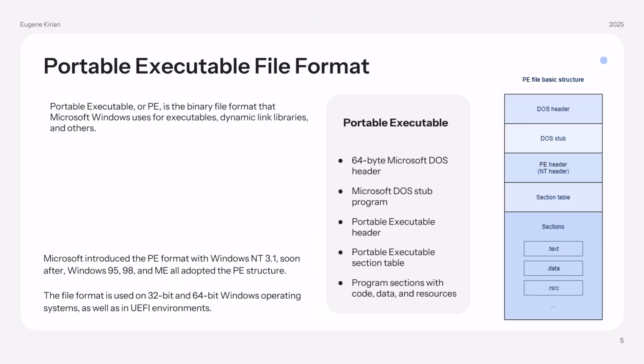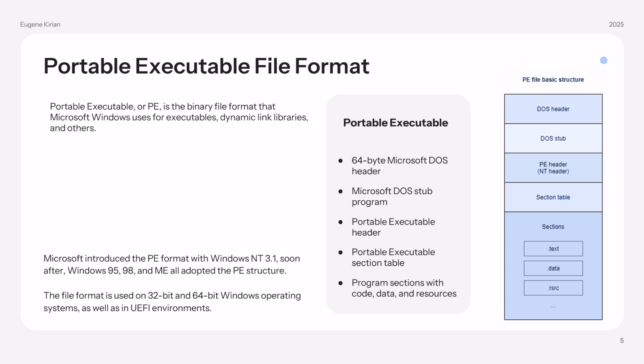The Portable Executable file format, or PE for short. This is the file format that Windows uses for executables, DLLs, and some other binary files. A portable executable file is made up of several components, including a 64-byte DOS header, a DOS stub program, the PE header, a section table, and the actual program sections containing code, data, and resources.